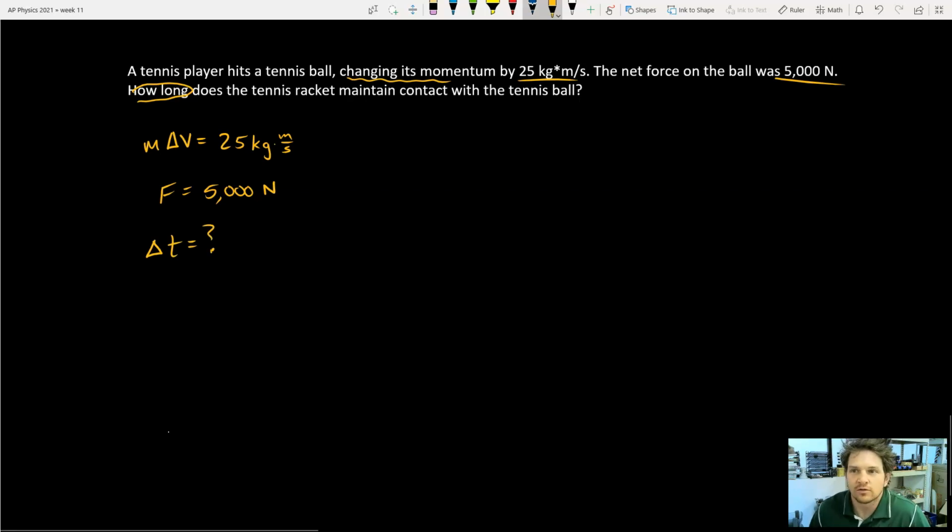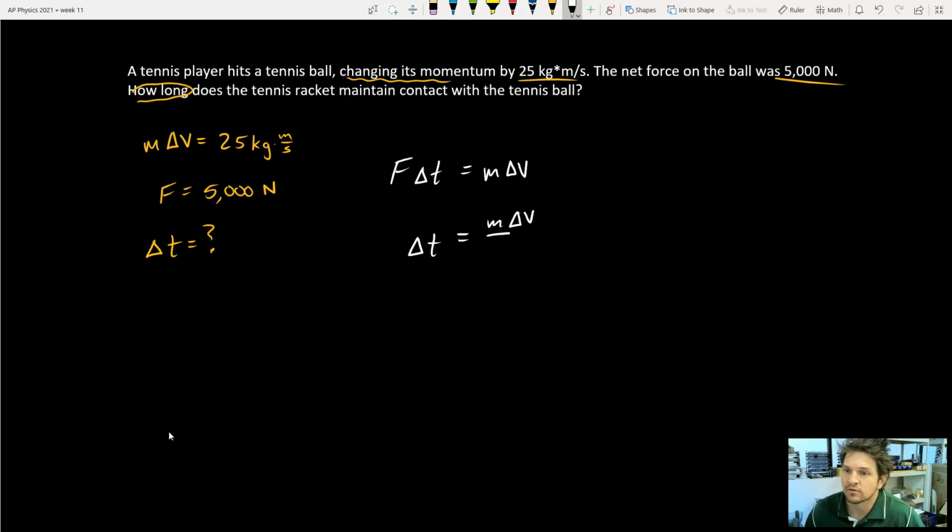Okay, so we start with the impulse momentum theorem. Mass times change in velocity. And then really just solve for time now. All right, rearrange this, have it solved for time.